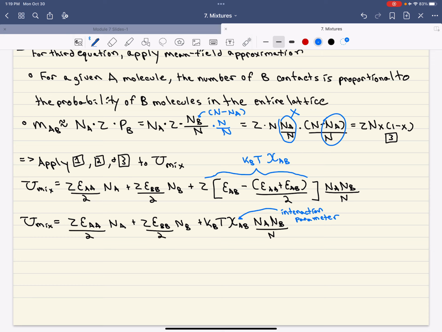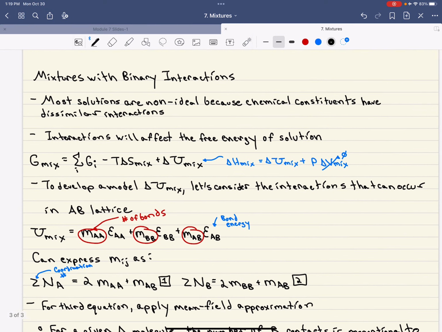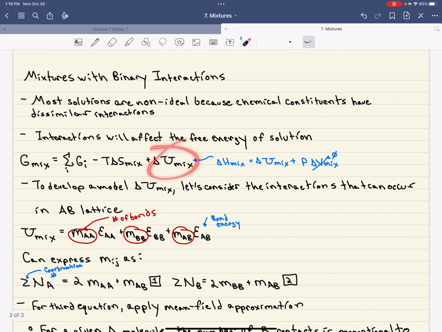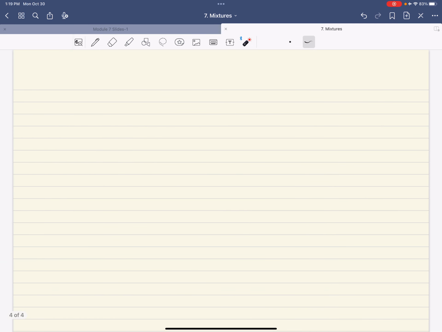Now that we have an expression for U, what we actually want, remember, is the change in U upon mixing. That's going to be U mix minus U before mixing, where we just have the A molecules separated and the B molecules separated.